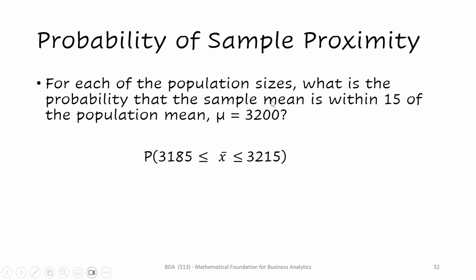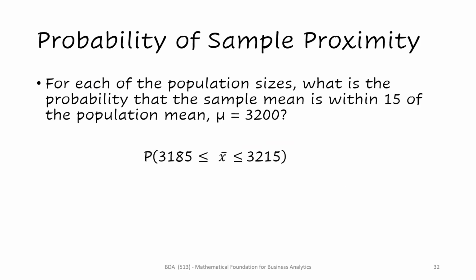So we want to find the probability of sample proximity, how close a sample is to the population mean. Now, for each of the population sizes, what is the probability that the sample mean is within 15 of the population mean of 3,200?